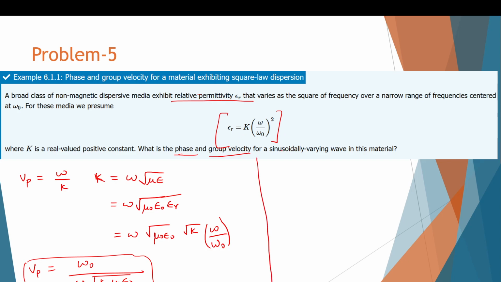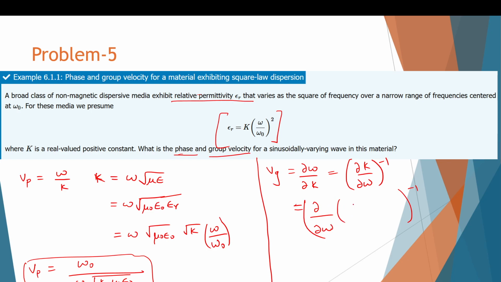Similarly, now I have to find Vg, that is the group velocity. Group velocity is nothing but dou omega by dou k. Since I know k with respect to omega, I'll just do an inverse: dou k by dou omega, inverse. k is this.